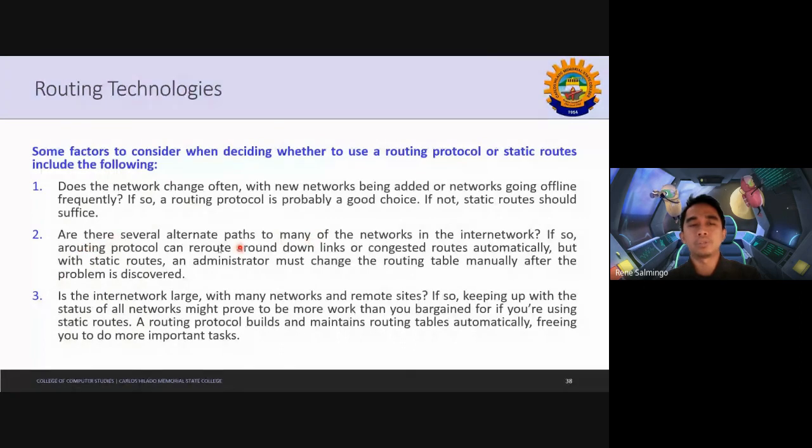There are also several alternate paths to many of the networks in the internetwork. A routing protocol can reroute around failed links or congested routes automatically, but with static routes, an administrator must change the routing table manually after the problem is discovered.